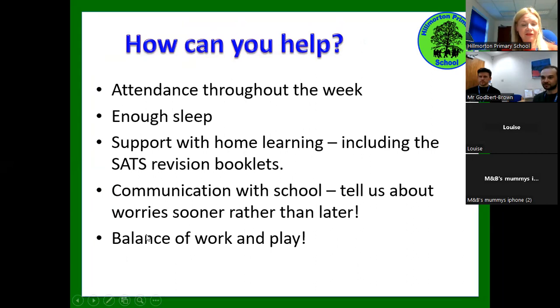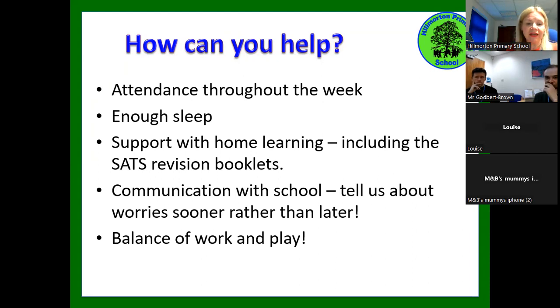And again, support from you is really important. Obviously, these are statutory tests, so it's really important that the children are there throughout the week. And if they haven't arrived by a particular time, you'll be getting a phone call, because we have to account for where all of the children are. So attendance throughout the week is key, and we do encourage them to attend that breakfast club if they want.